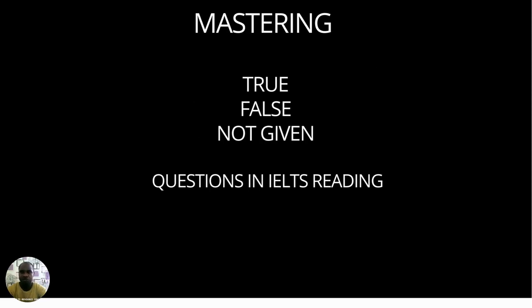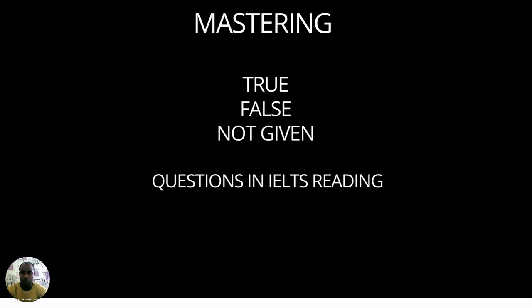The true, false, not given question is a common question type in IELTS reading. This question type requires you to read a passage and then decide whether the statements given in the question are true, false, or not given, according to the information presented in the passage.